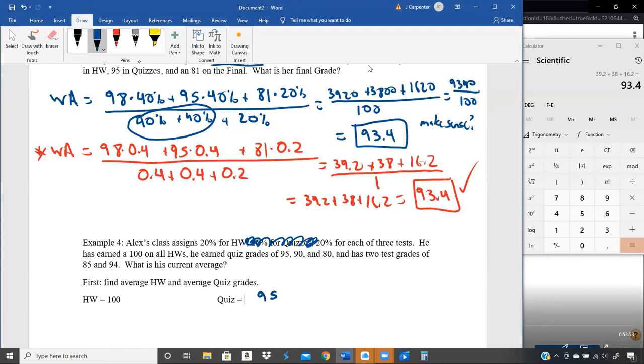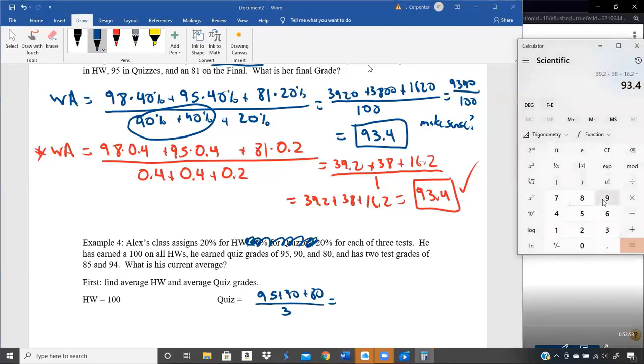So we just take the 95 plus the 90 plus the 80, and there's 3 grades there, and we divide it by 3. This is the exact same issue you would have with your homework grades, your quiz grades. And by homework, I mean your Excel is one particular type of homework, and your regular MyMathLab is one type of homework. Okay, so we got 95 plus 90 plus 80. And then we divide that by 3, so that's 265 divided by 3, and we get 88.33333333333333.